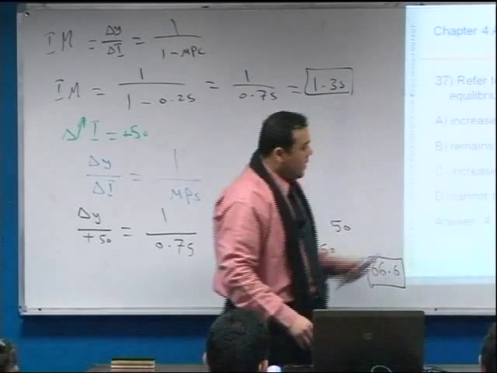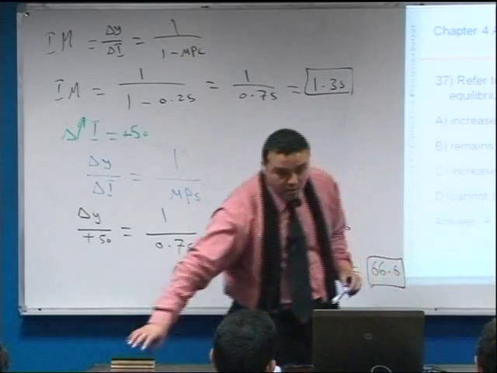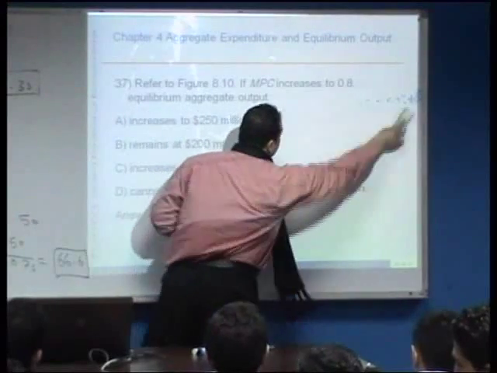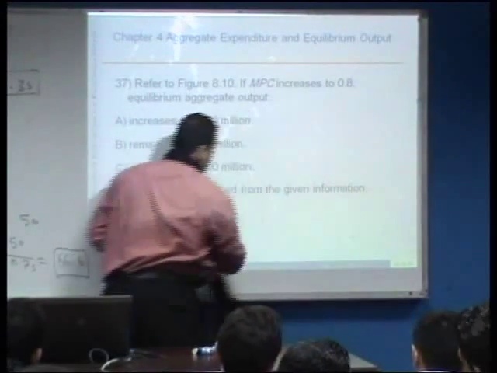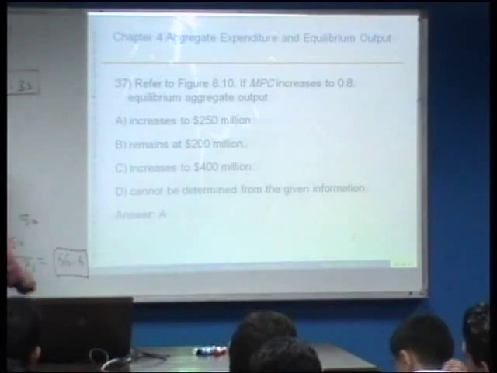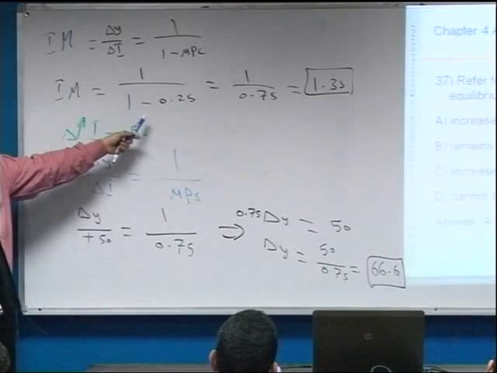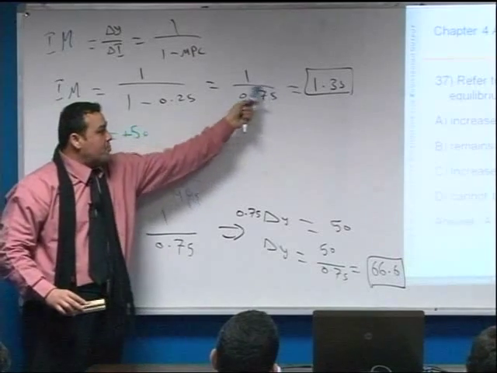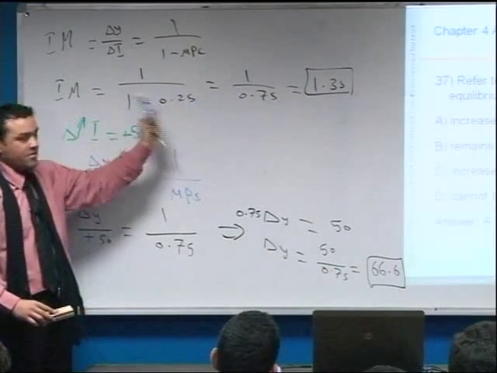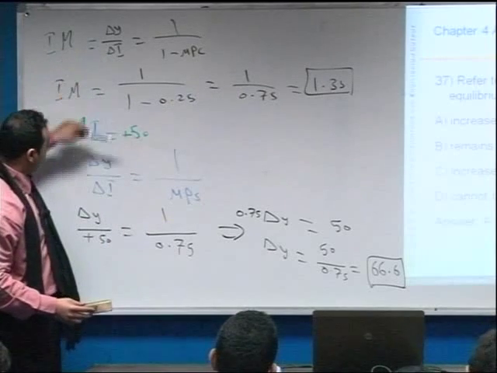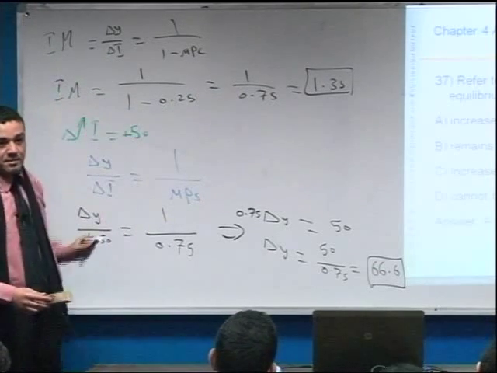Okay, let's take the following. As you see, we have the following information. MPC equals 0.25. This is the MPC, right? And delta I equals positive 50, right?